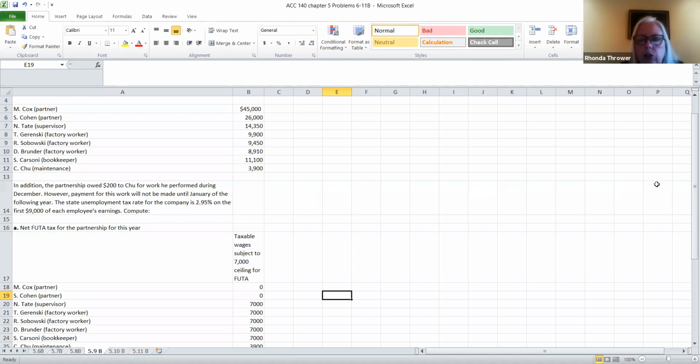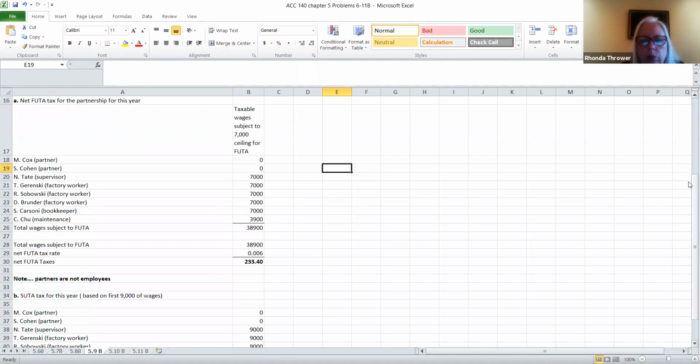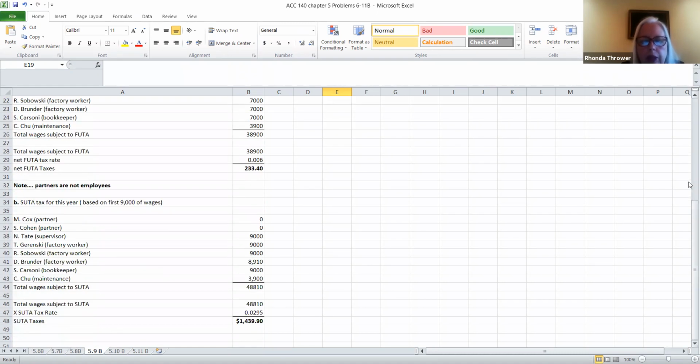All 3,900 would be subject to SUTA because Chu did not meet the ceiling. So what I did is I added all these together to get the total wages that are subject to SUTA. And then you multiply that by the SUTA tax rate, which was 2.95%, and the SUTA taxes will be $1,439.90.